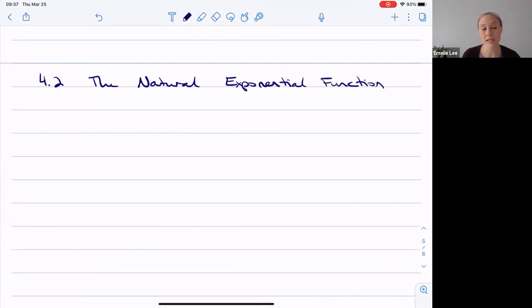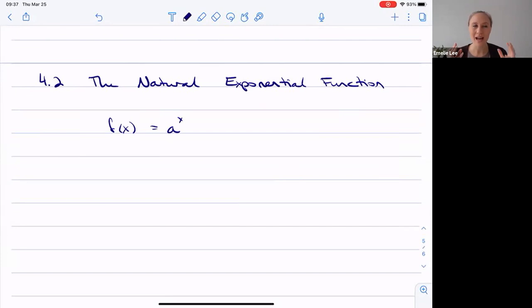So the natural exponential function is still f of x equals a to the power of x. Now notice something that I want to just articulate, because we can recognize quadratic functions. We can recognize linear functions. We can recognize polynomial functions. We can recognize rational functions.